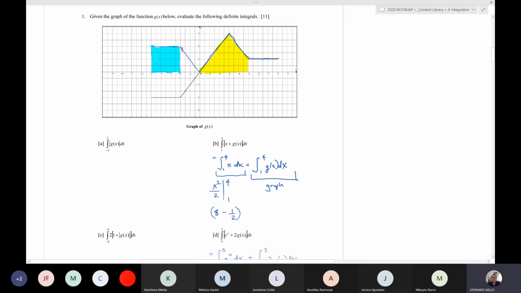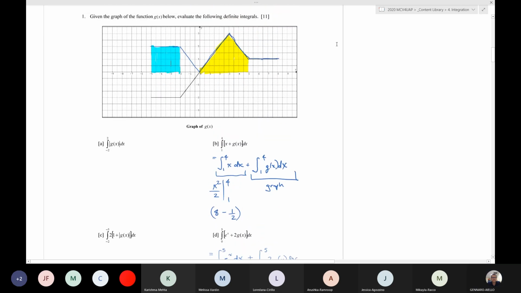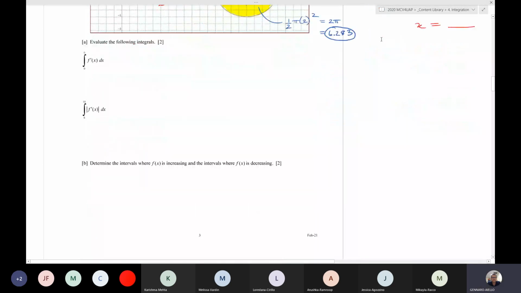So it's just a rectangle. Any other questions? Come on. Nobody? Nothing?